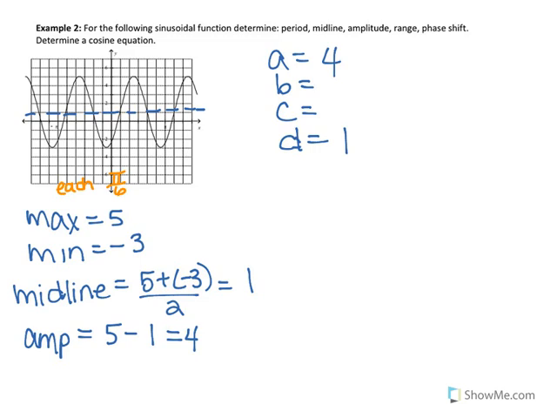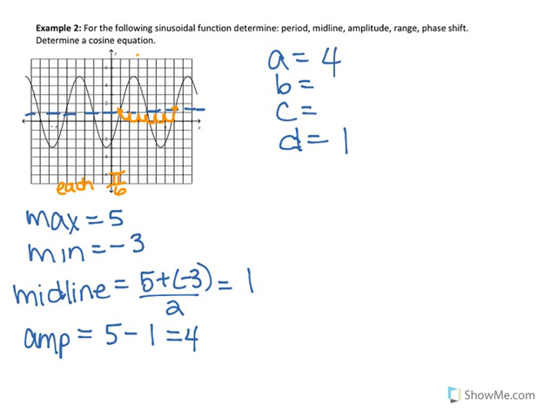When we are finding our period length, we can either go from start to finish, or we can go peak to peak. There's so many different ways. And it doesn't matter if we go a start of a cosine to a start of a cosine or a start of a sine to a start of a sine, it's going to be the same amount. So if I start here, my period length is going to go over 1, 2, 3, 4, 5, 6 pi over 6's.